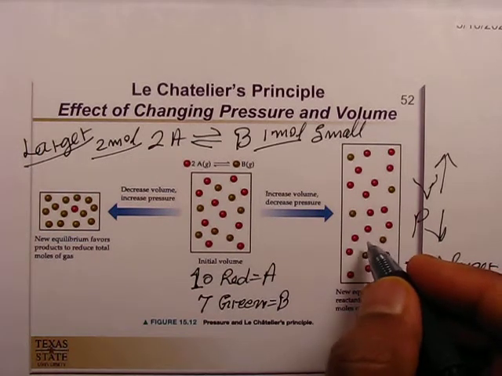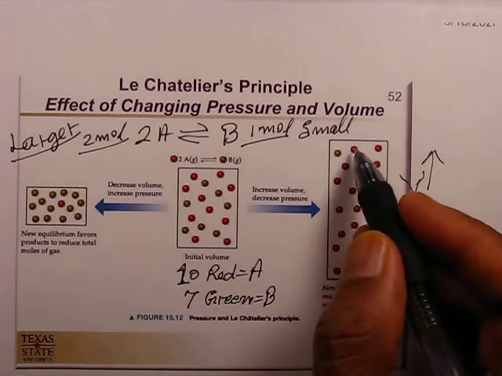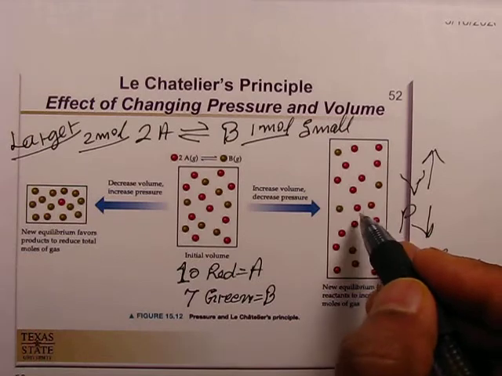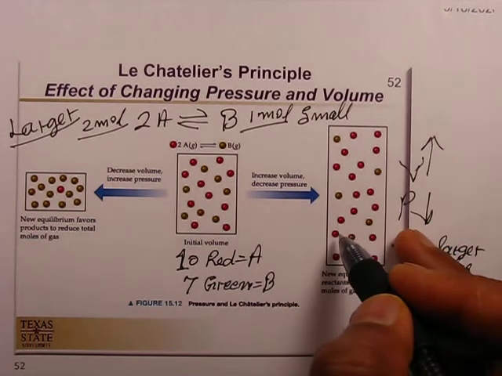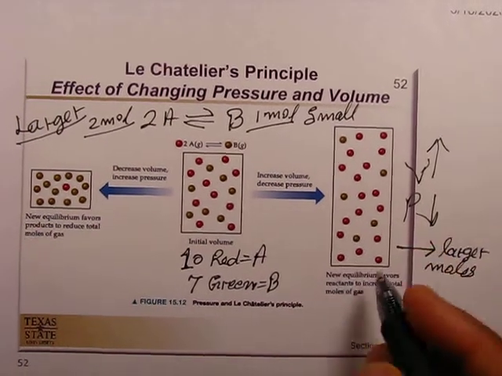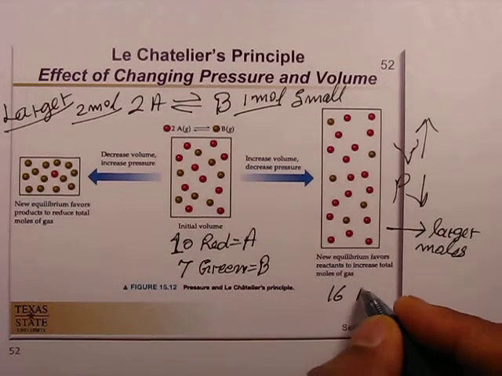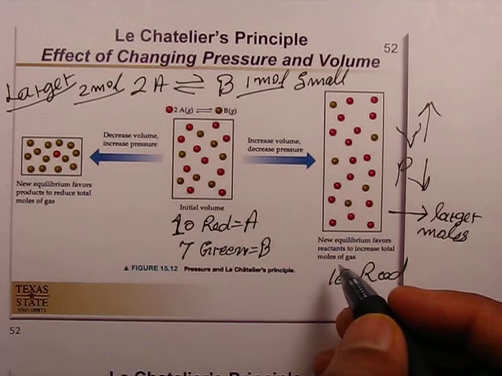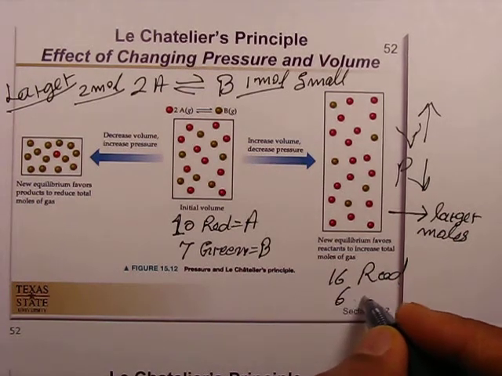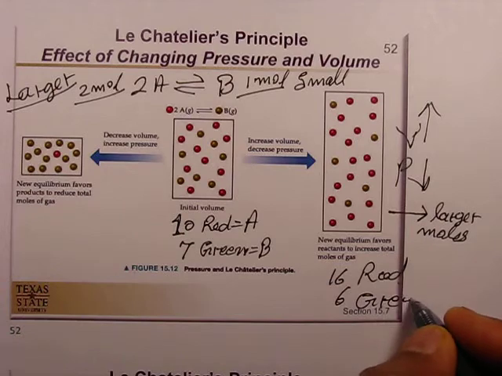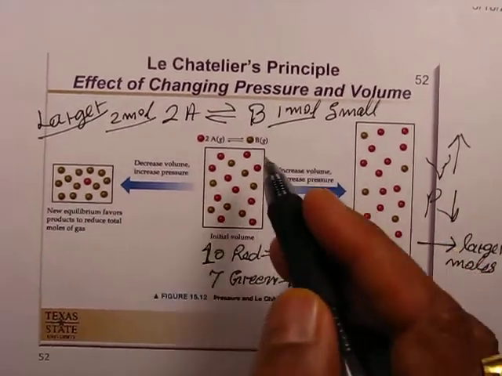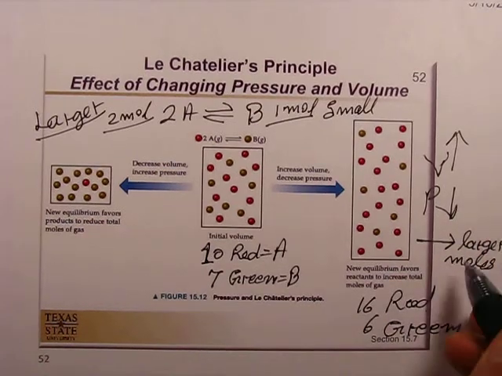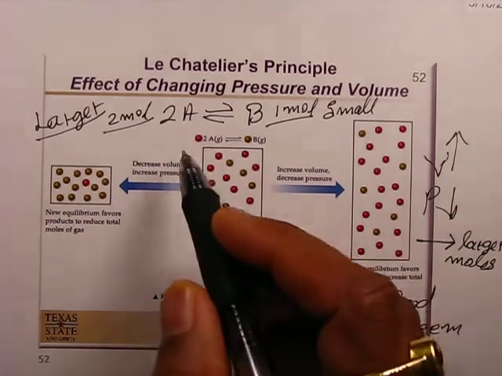That is why we have more red balls, 1 2 3 4 5 6 7 8 9 10 11 12 13 14 15 16, so 16 red and 1 2 3 4 5 6, 6 green. So my equilibrium shifts toward the larger number of moles which represent the reactant side.